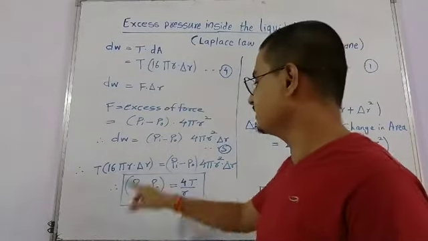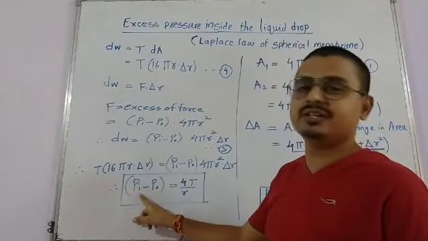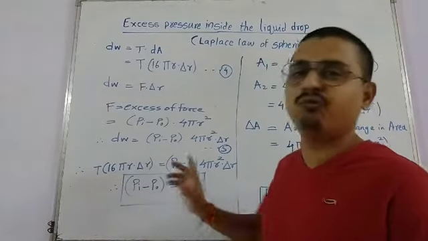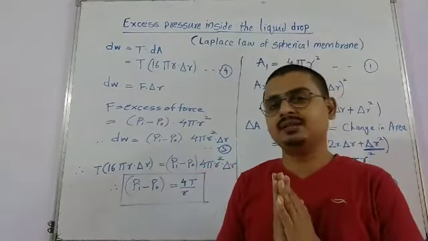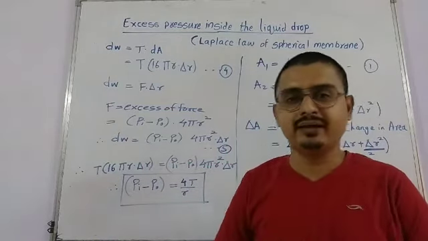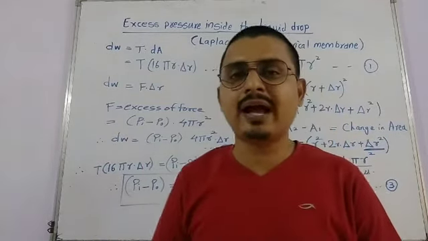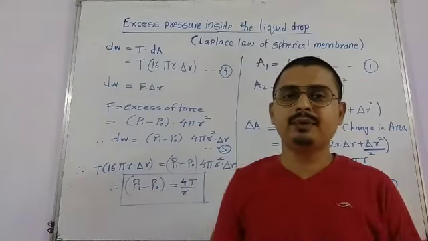Only at the end we get the equation Pi minus P0 equal to 4T upon r. So we have derived the Laplace law for the spherical membrane in case of a drop and in case of a soap bubble. That's it.